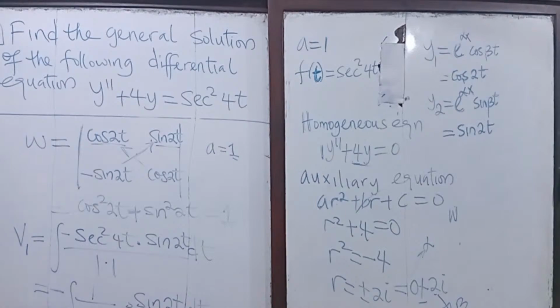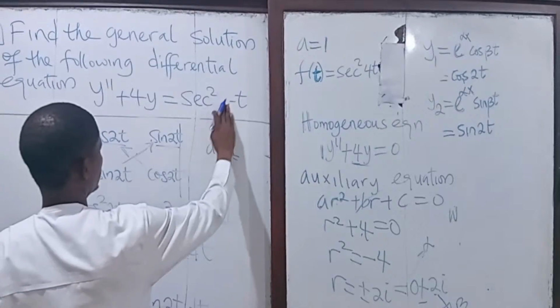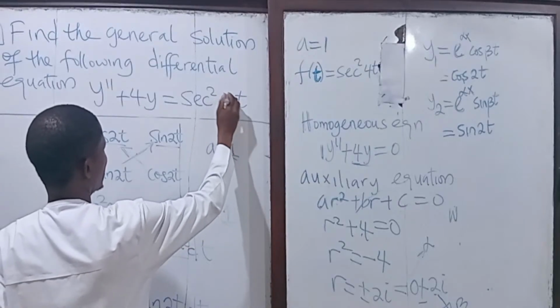Let's check the question. Sorry, that's a mistake here. F of t is sec square 2t.